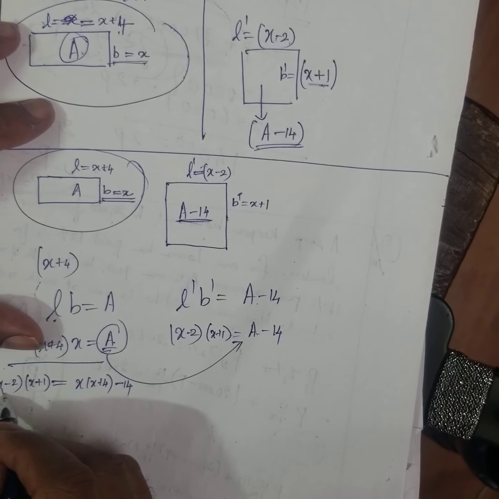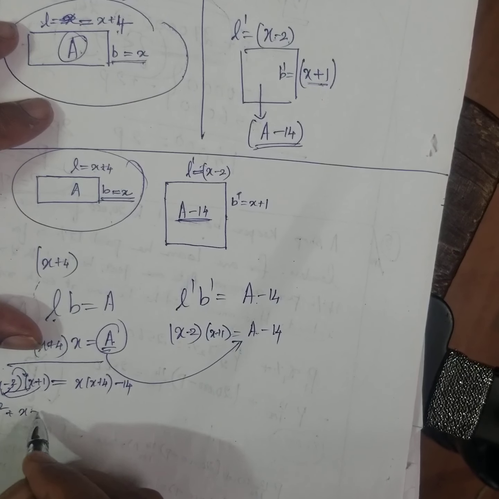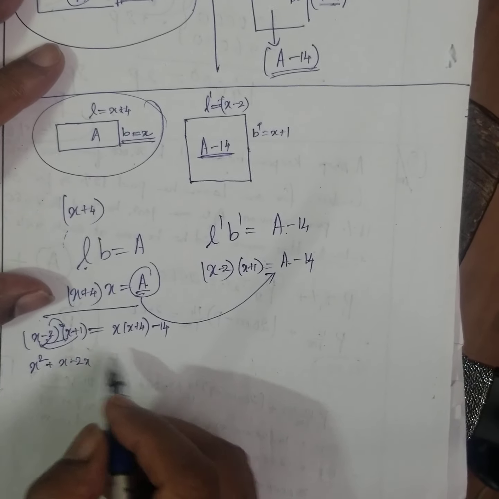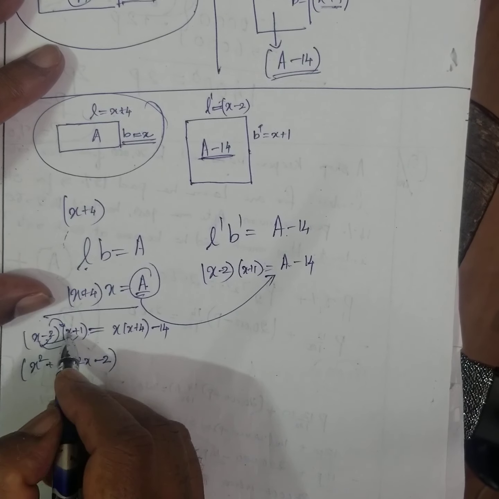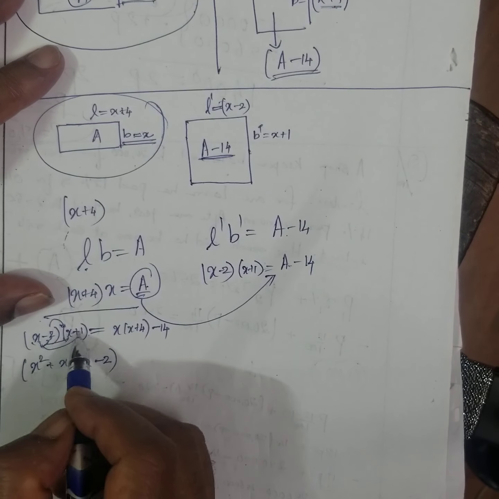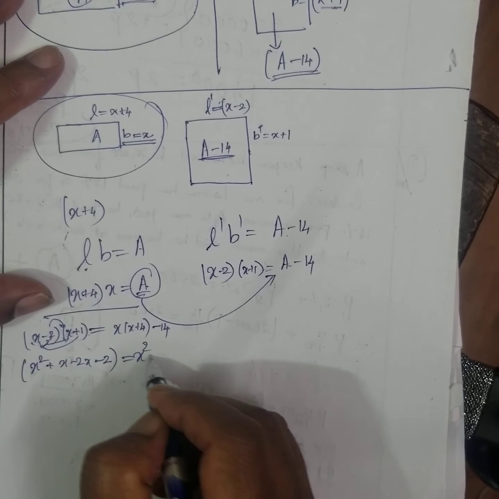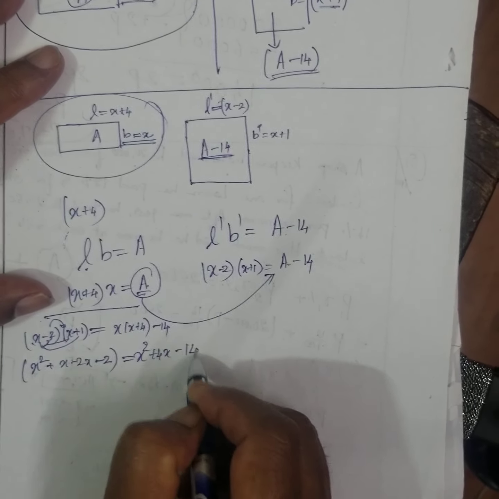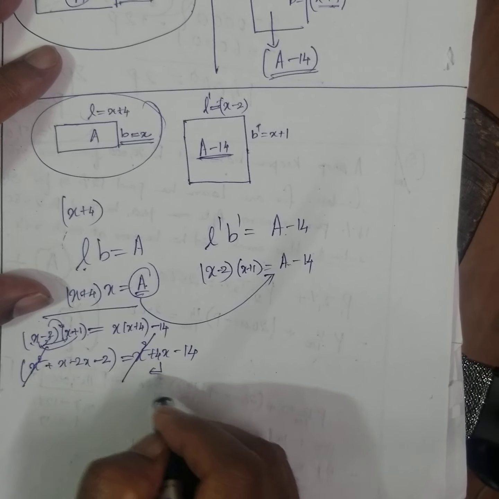Therefore, multiply this: x square plus x minus 2x minus 2 is equal to x square plus 4x minus 14. The x square cancels. You bring everything to this side.